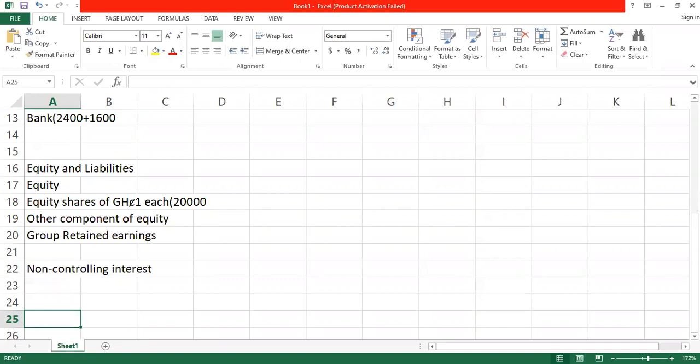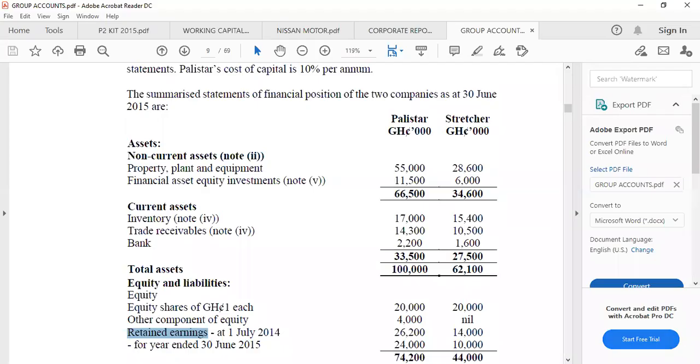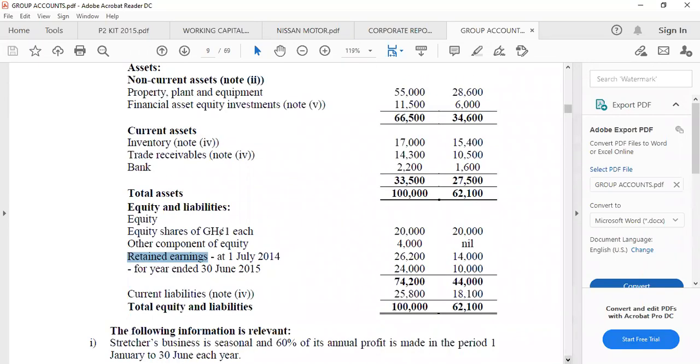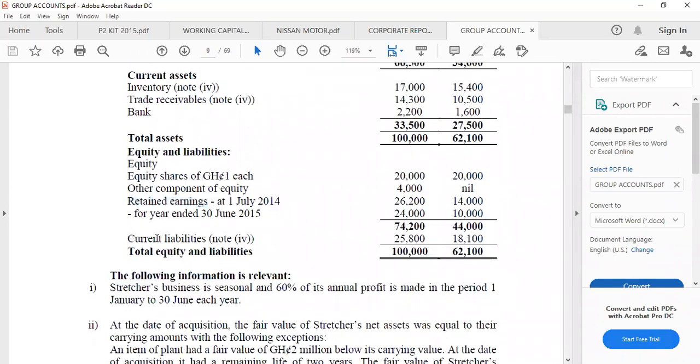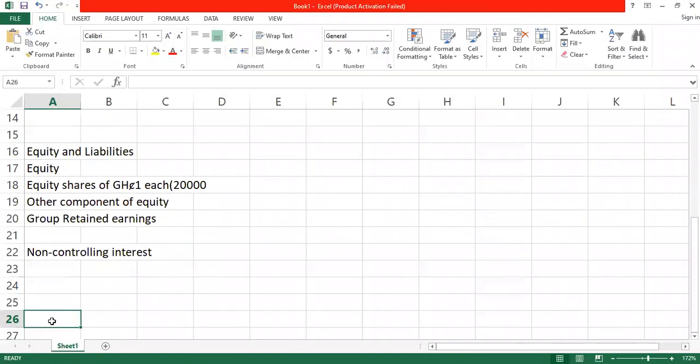Then the next one will be liabilities. Let's look at the liabilities that we have. We have only current liabilities. There are no non-current liabilities, but you can still leave space. If you have any non-current liability, you bring it there.